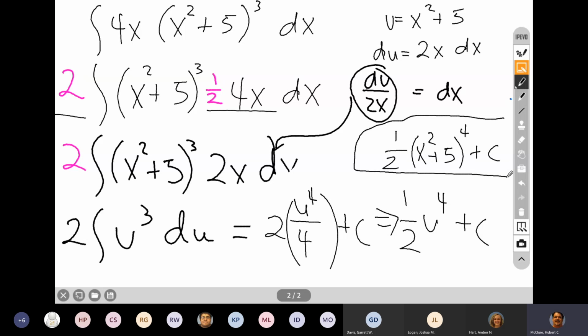Now you could do the chain rule in your head. What's 4 times 1/2? 2. (x squared plus 5) to the third times 2x. 4x times (x squared plus 5) to the third. And that's what we got at the top.